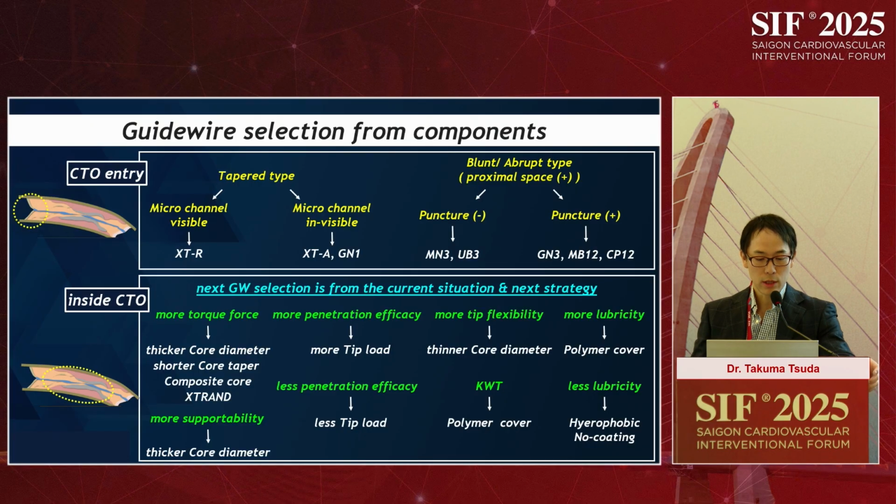If the guide wire required more torque force, we have to select as the next guide wire one with a thicker core diameter, or a composite core, or an externalized core guide wire. And also if we need a more slippery guide wire, in terms of calcification or something, we have to select a polymer-covered guide wire.